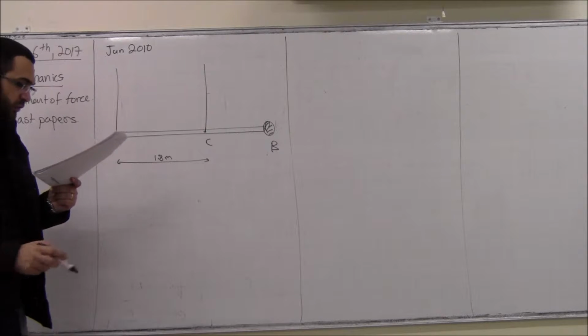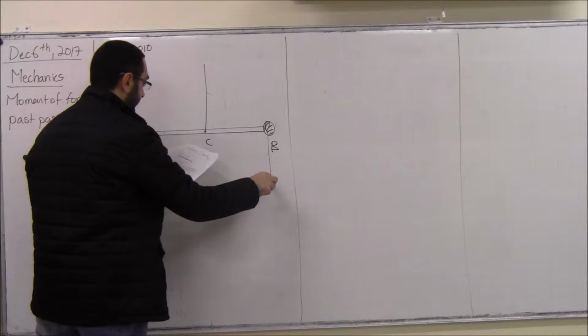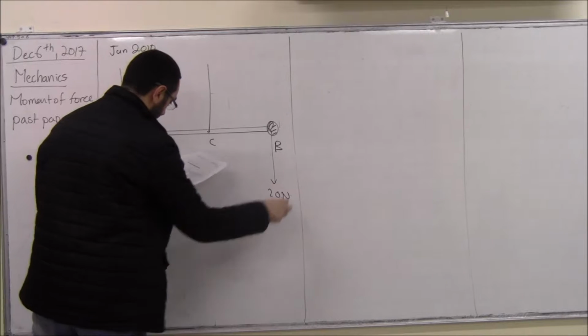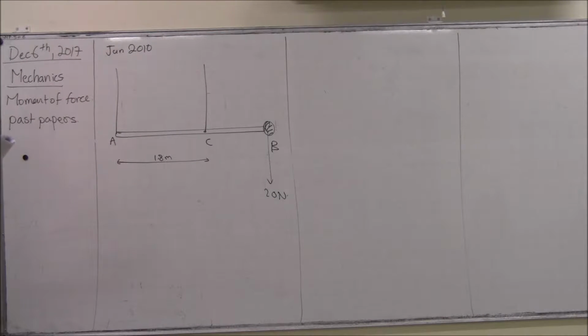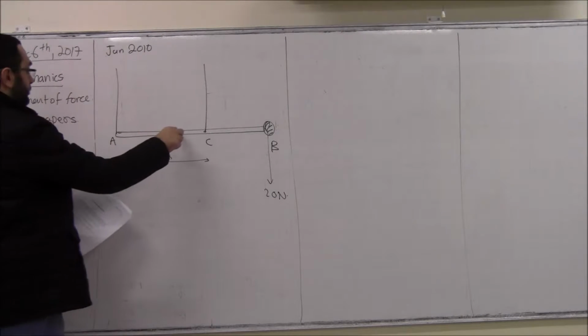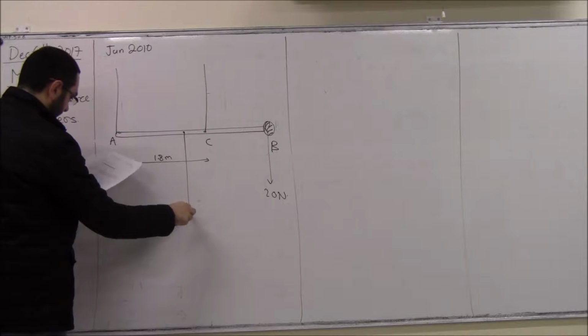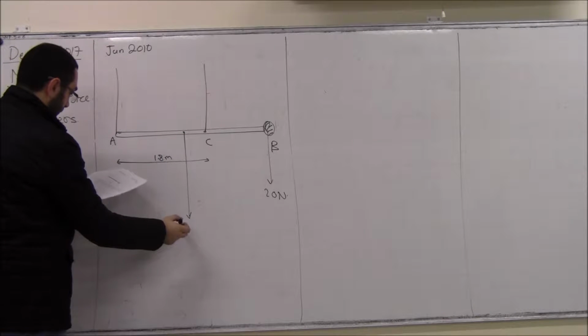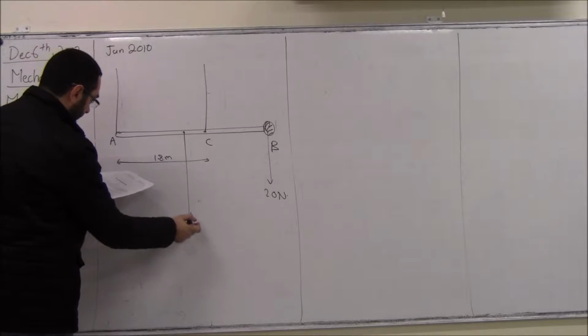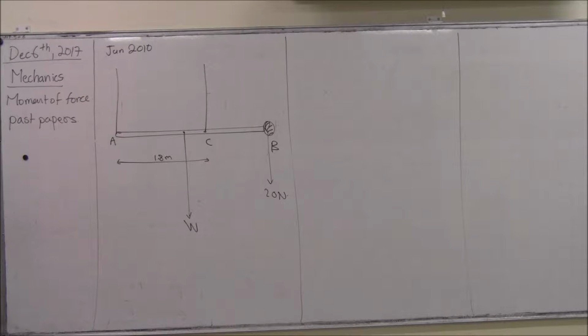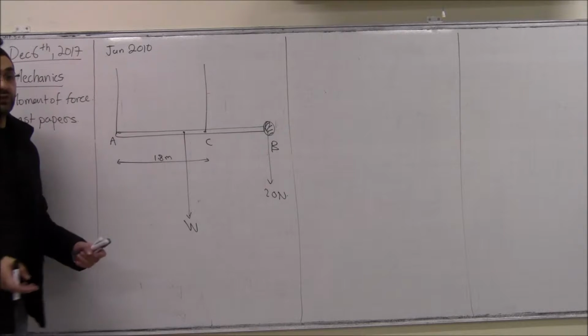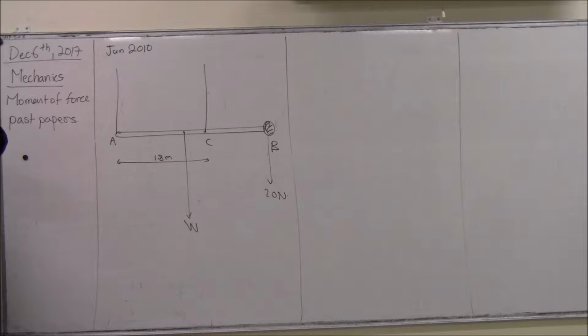A load of weight 20 newtons is attached at B. The pole is modeled as a uniform rod, so the center of mass is in the middle, W. With a light inextensible string, show that the tension in the rope attached at C is 5/6 W plus 100/3. Similar to the previous one, look here please guys.